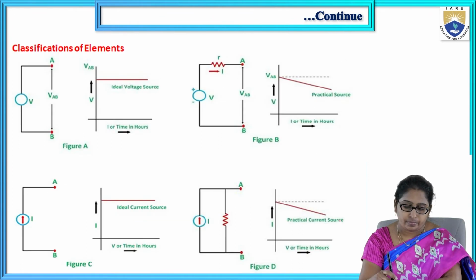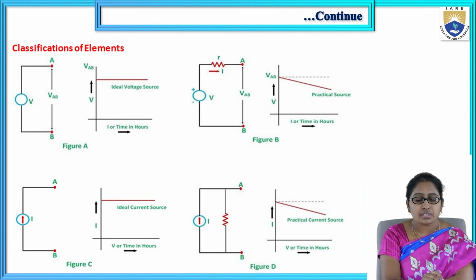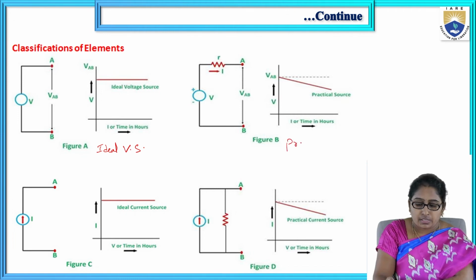Next, these are the characteristics of voltage source and current source. First is the ideal voltage source. Sorry, this is the practical voltage source.